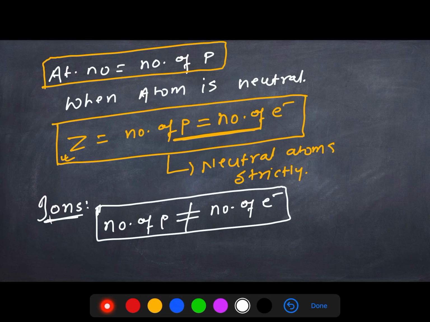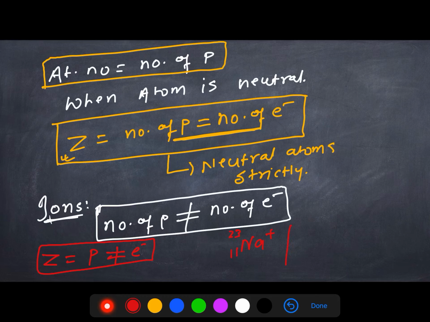The number of protons and electrons will be different for ions. This is the condition for any neutral atom to become an ion, right? We will learn about that. Fine. Okay. So this is the fact that atomic number will always be equal to the number of protons, but this will never be equal to the number of electrons. Keep that in mind. Fine.